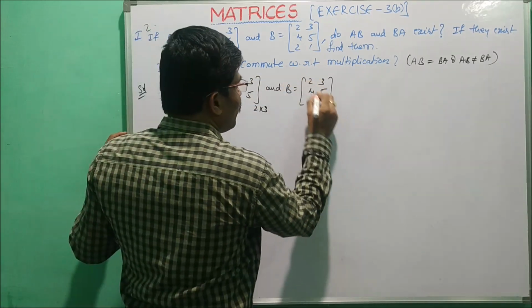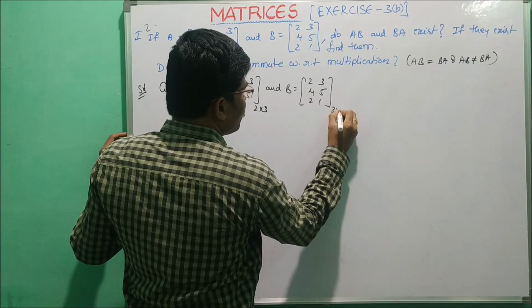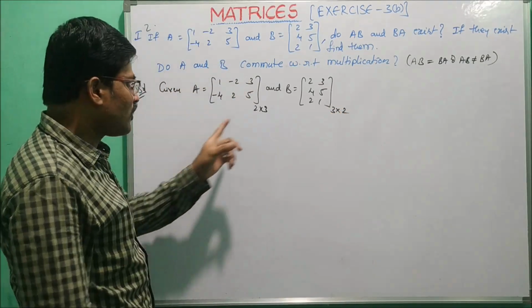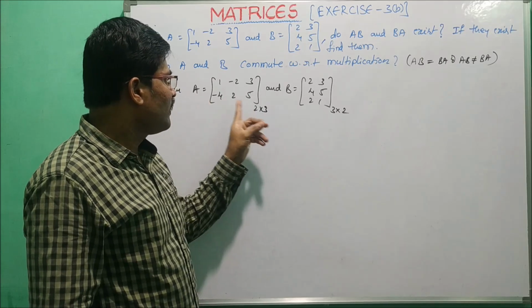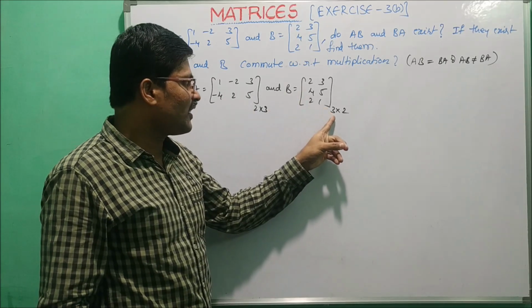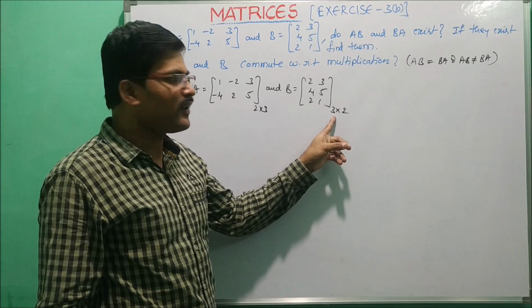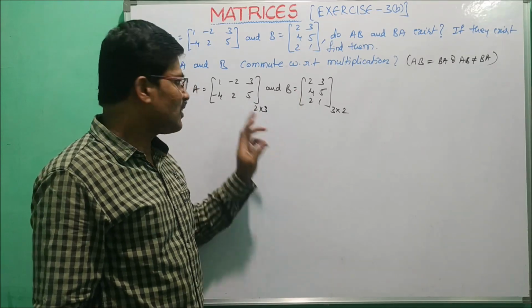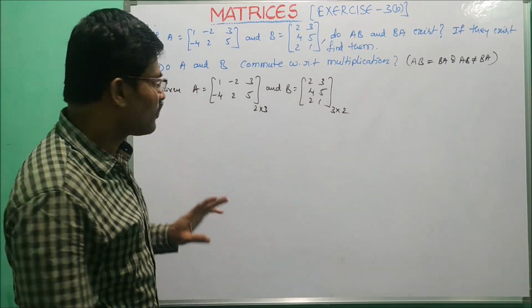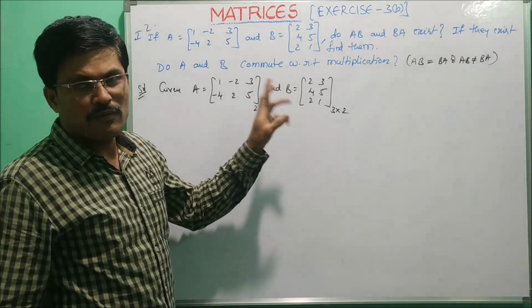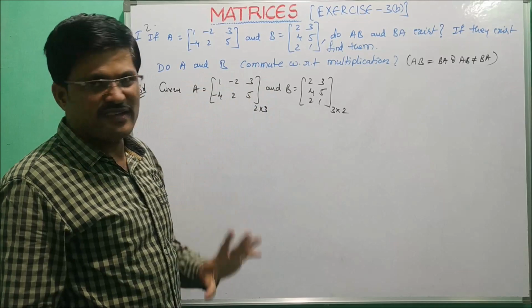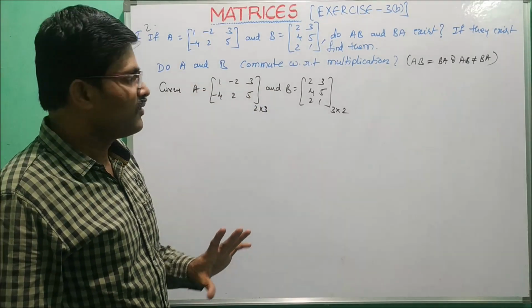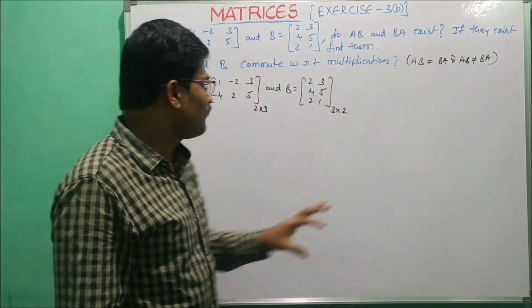Matrix B has 3 rows 2 columns, this is 3 by 2. Clearly the number of columns in the first matrix A is 3, and the number of rows in the second matrix B is 3. Therefore these two are equal. So these are conformable matrices, and AB will exist.